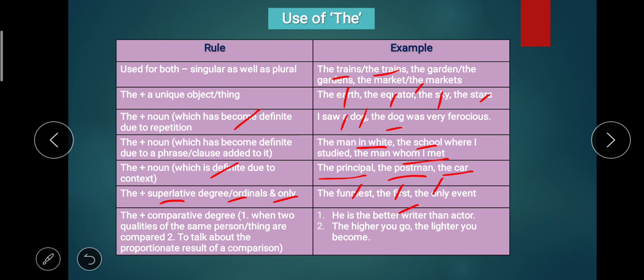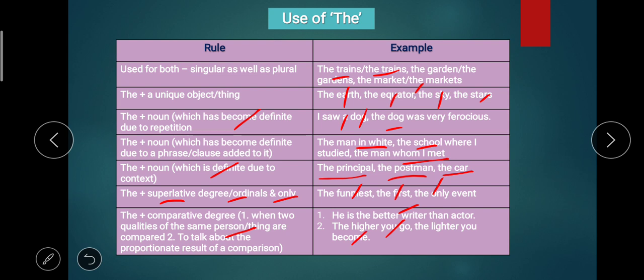Next situation is to talk about the proportionate result of a comparison. When one activity has an impact on the result of it, that is called a proportionate result. So we use "the" for that situation also, like: the higher you go, the lighter you become.